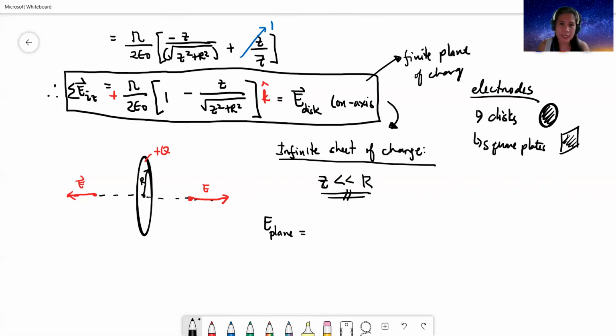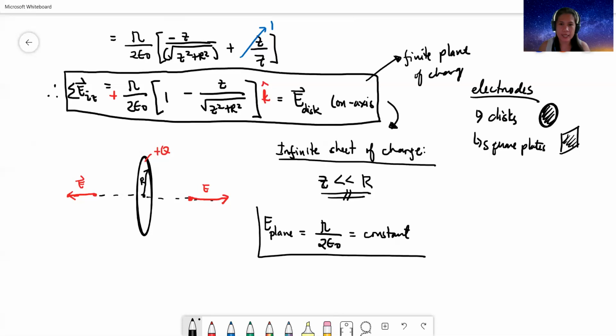So, ang matitira na lang would be the eta over the 2 epsilon sub naught. And this one now, everything is constant. So the only thing that matters here now, the factor that affects the strength of the electric field of the sheet of charge is kung gaano kalaki yung charge distribution na charge density na eta.